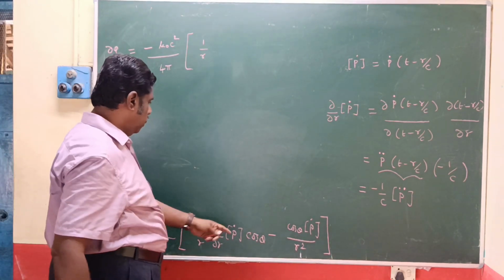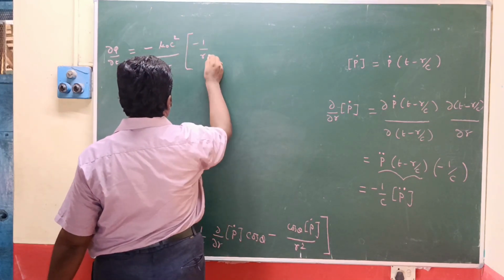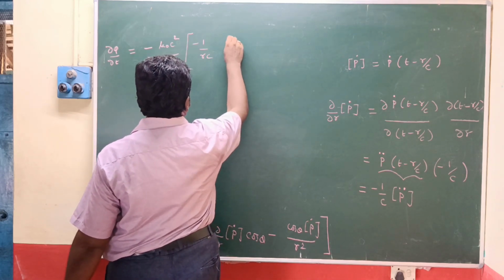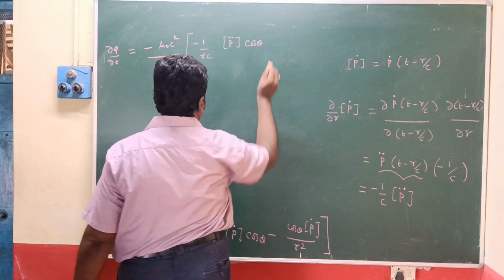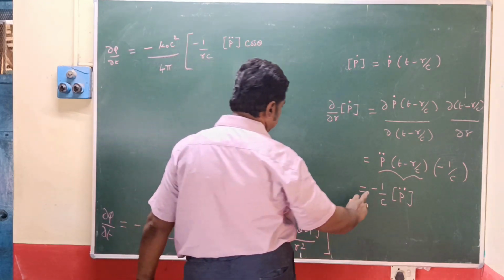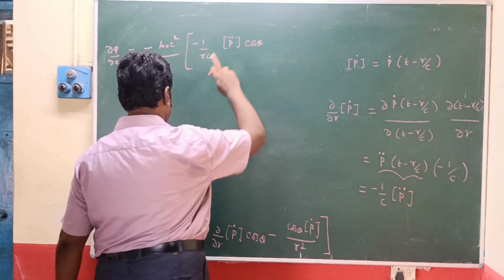Instead of this ∂/∂r p dot, we have to use −1/c. So −1/(rc) [p double dot] inside the square bracket into cos θ. Instead of ∂/∂r [p single dot] inside the square bracket, we have to use −1/c [p double dot] inside the square bracket.